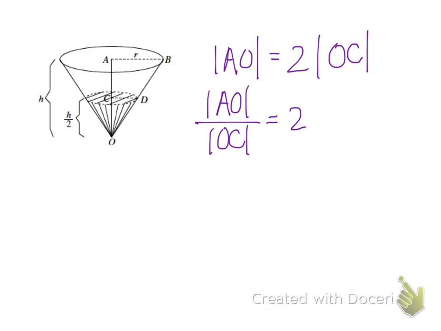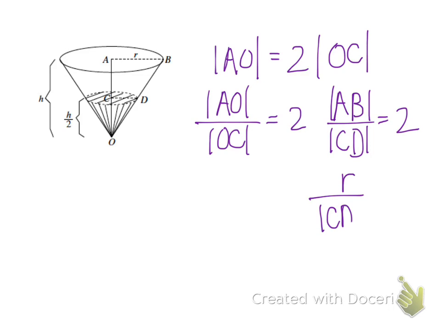And so if that's true, then the length of AB over the length of CD should also be equal to 2. But AB is the radius of the cone, and length CD is the radius of the water, and so that ratio is equal to 2.